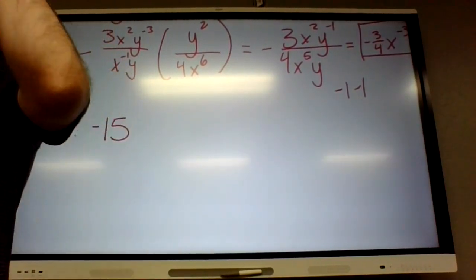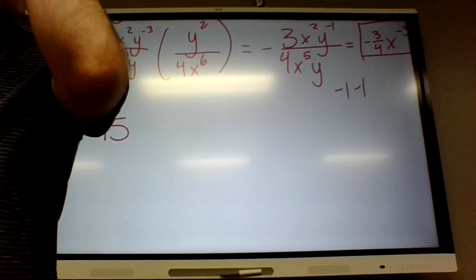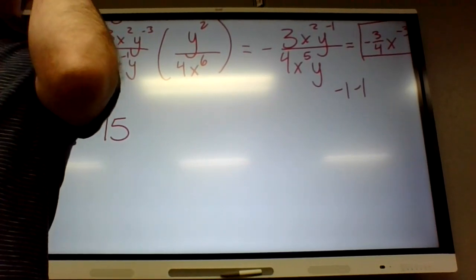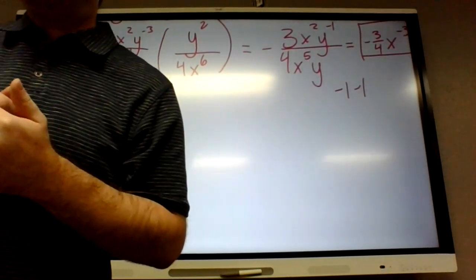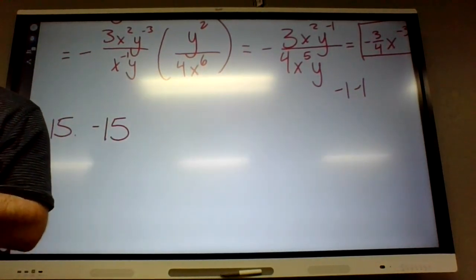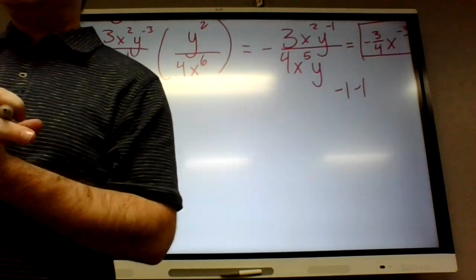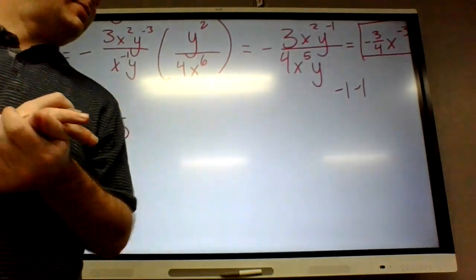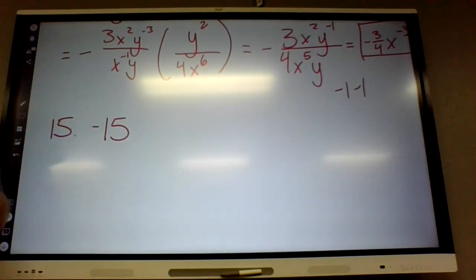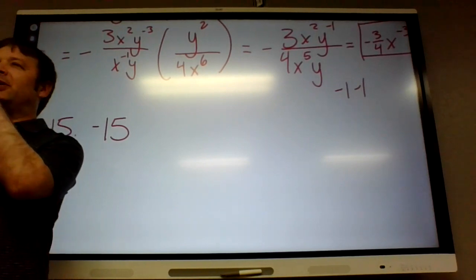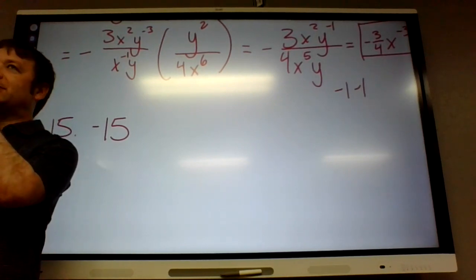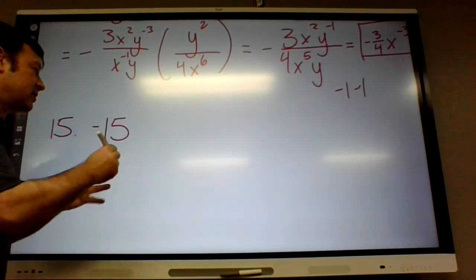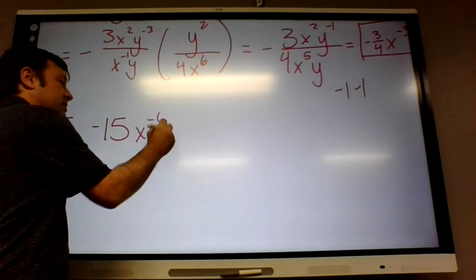But then when we go to the x's, what's x to the -3 times x to the -3? Leah, what should we do with the exponents there? Add them. Right. And -3 plus -3, if you think about the number line, -6 over here. So it's x to the -6.